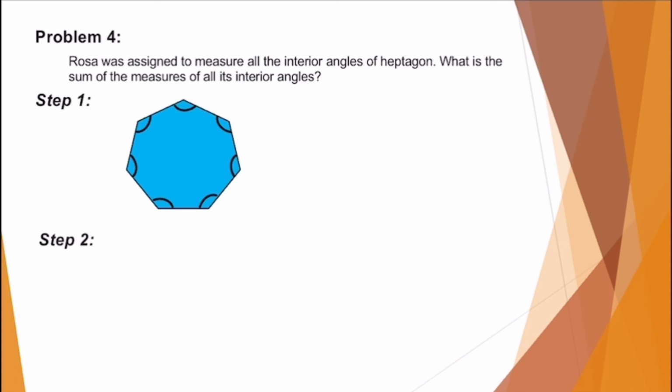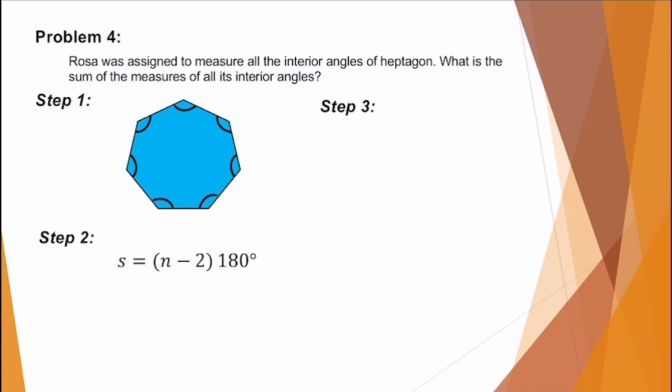For step 2, the sum of all interior angles of a polygon can be solved by solving for the difference between the number of sides of a polygon and 2, then multiplying the result by 180 degrees. Consider that the heptagon is a 7-sided polygon.